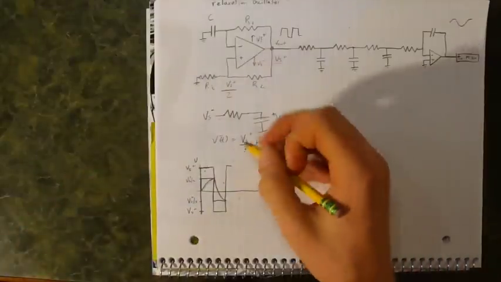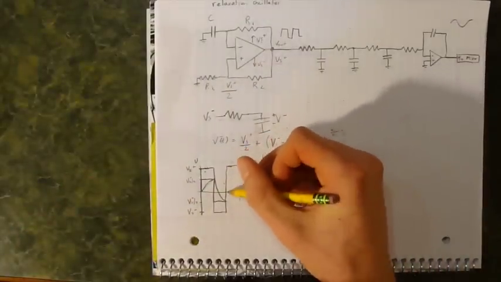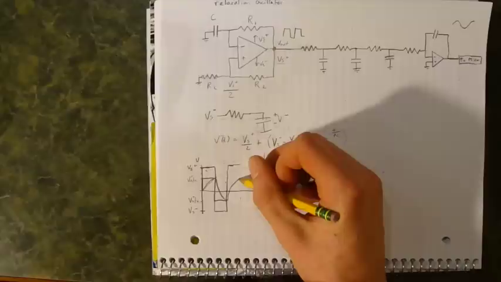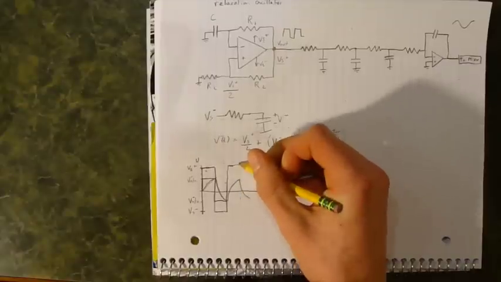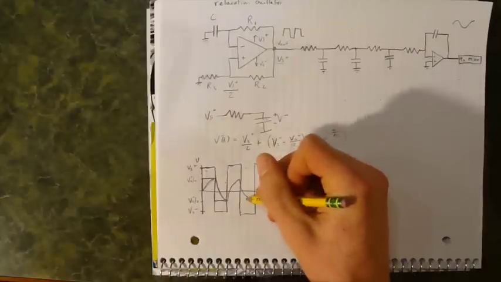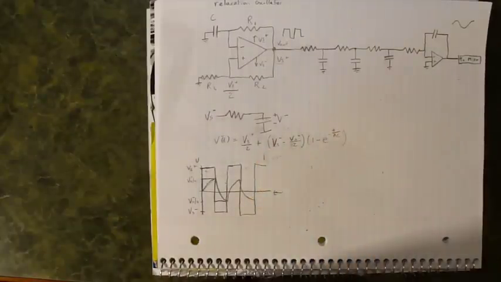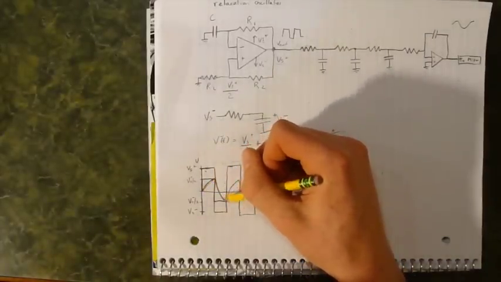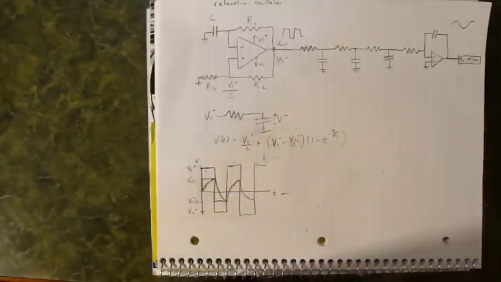And this cycle repeats indefinitely, as we should all be familiar with. So now we just need to derive the time period it takes for the capacitor to charge up, discharge, charge up, discharge, so we can calculate the frequency.